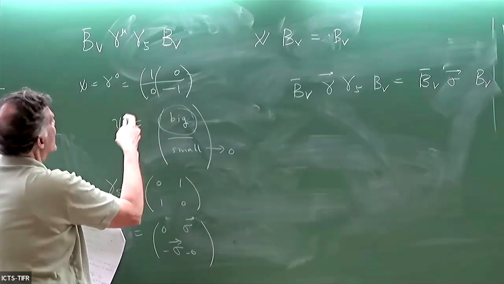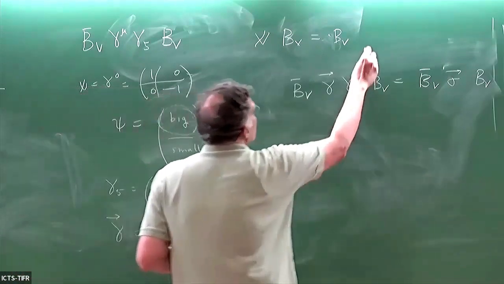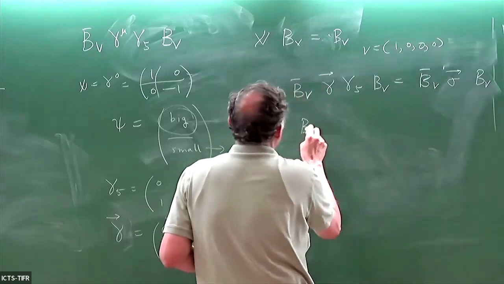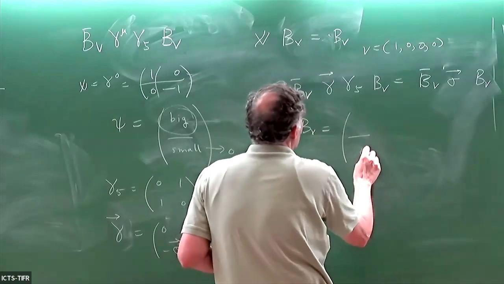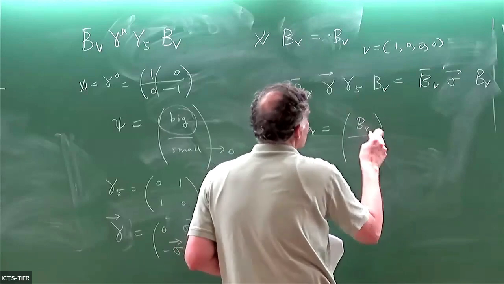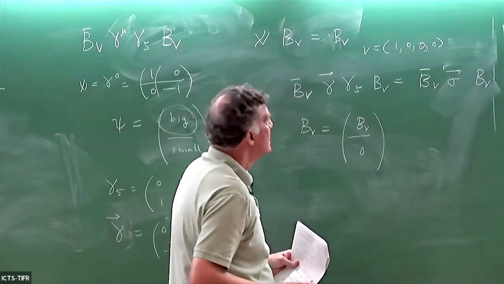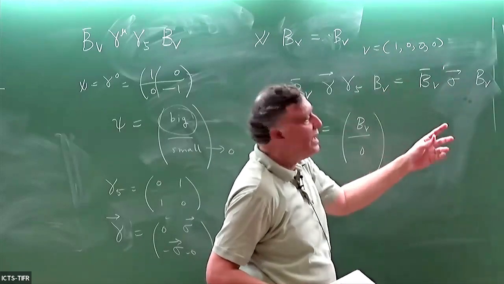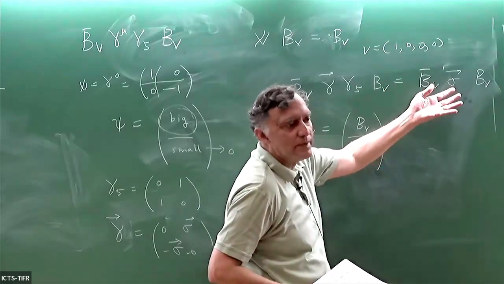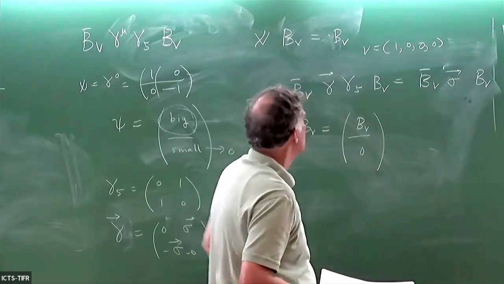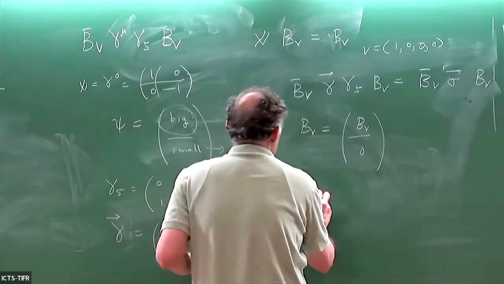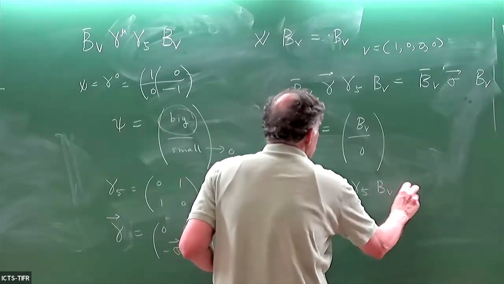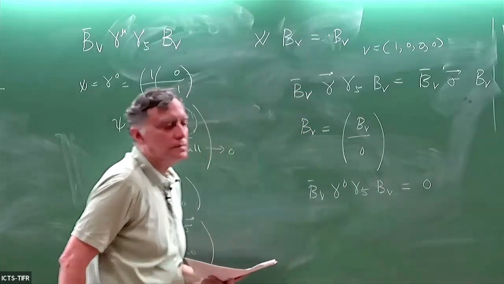So in the frame where V is 1, 0, 0, 0, I'm writing B sub V as something in the upper block and 0, and I'm just calling this B sub V again. Maybe I should use a different notation. But it's the Pauli matrix. So pions coupled to baryons with a spin-dependent transition amplitude. But more importantly, B bar V gamma 0 gamma 5 B sub V is 0.